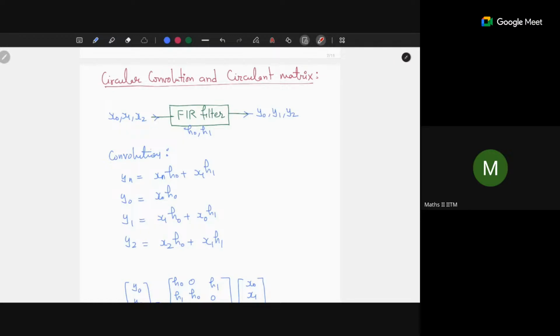In between, there is this filter which has some impulses, and this process is quite linear. The output signal linearly depends on the input signal and the impulse factors in the filter.